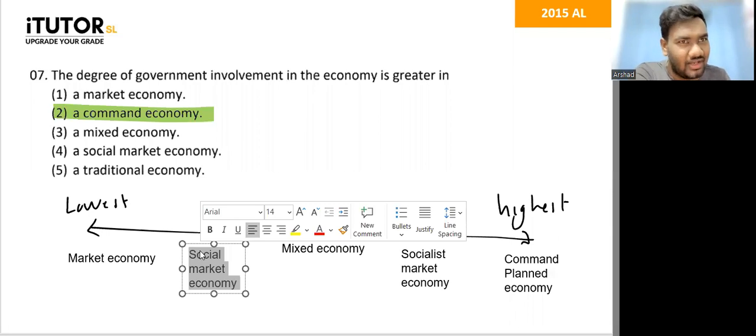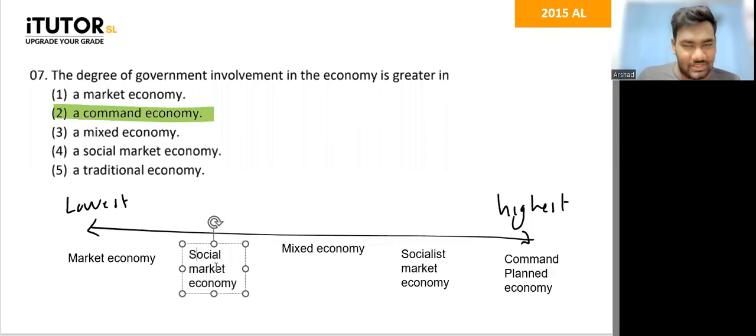But still, we have government involvement. The government provides free education, free healthcare, and gives some benefits and pensions to poor people. So the government is intervening to promote social justice. That's a social market economy. You can put Sri Lanka into this.